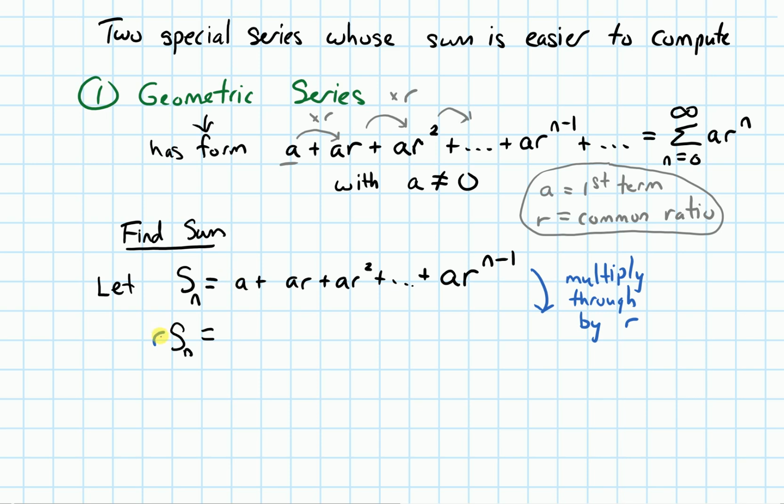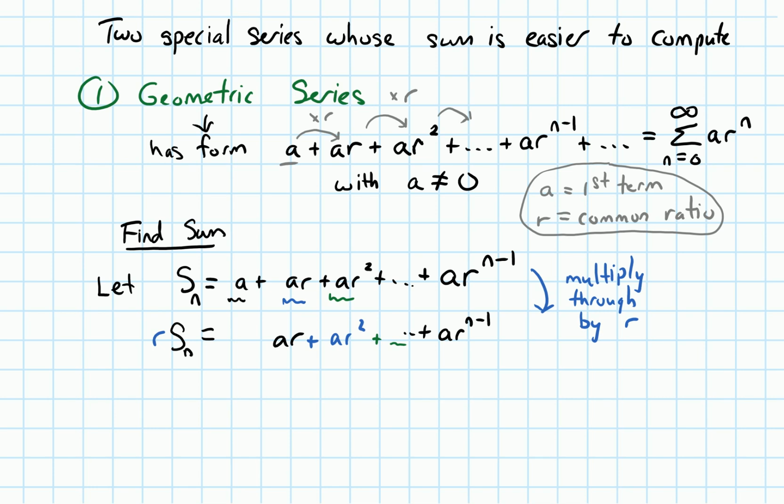When I multiply a by r, I get a times r. When I multiply ar by r, I get ar squared. When I multiply ar squared by r, I get ar cubed. If I keep going like this, I get dot dot dot, plus eventually a times r to the n minus 1.